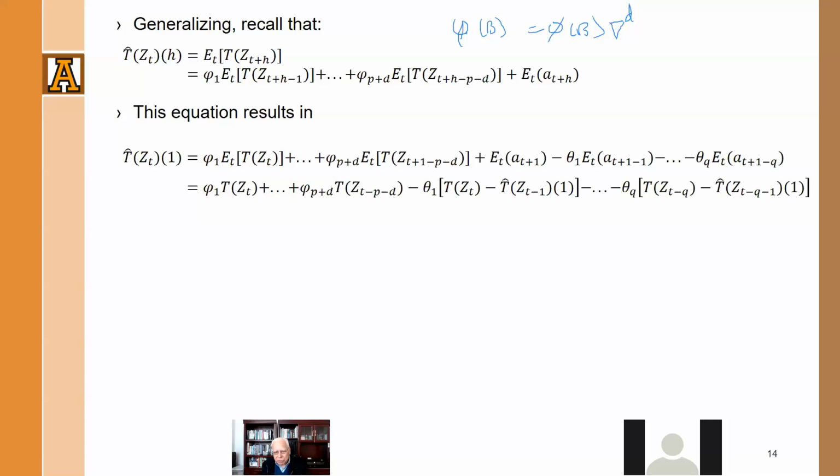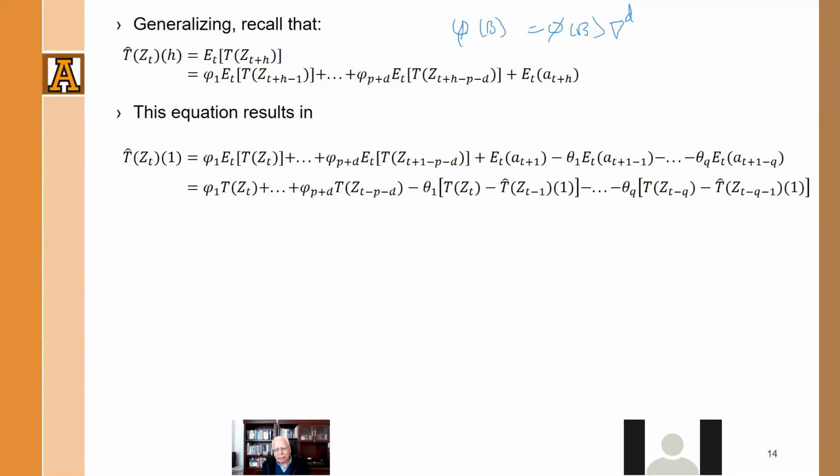Okay, so whatever is in the past, when we are talking about h equals 1, the only a_t involved here is a_t at time t, the error at time t, which is known.